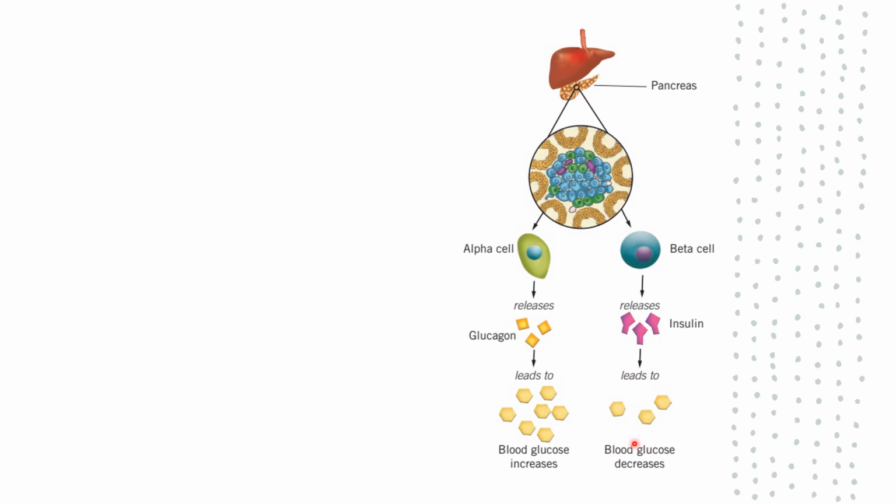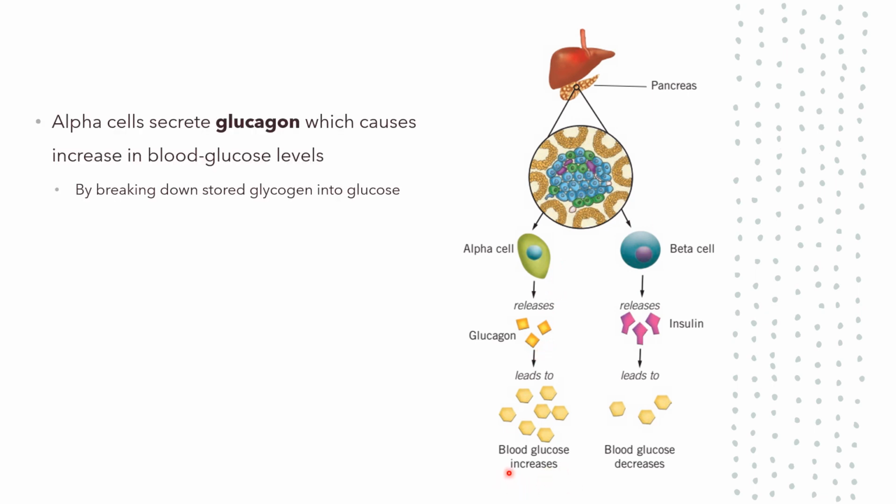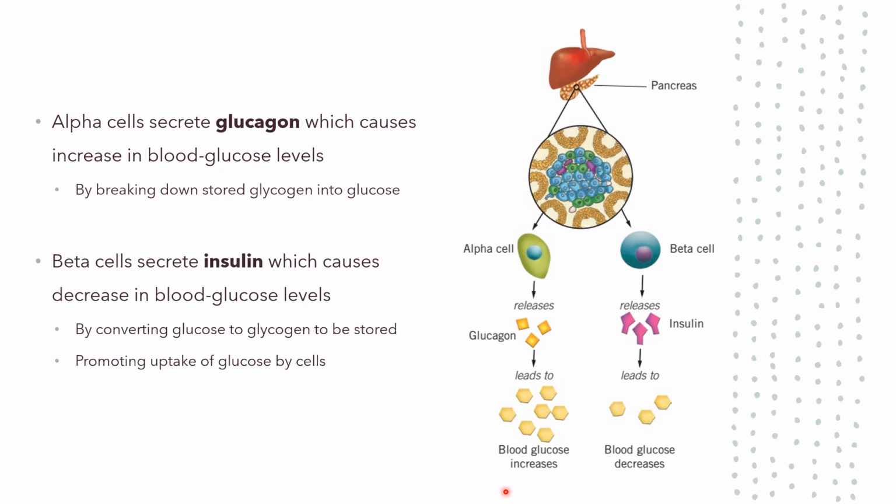So this is just another breakdown of the pancreas, the islets of Langerhans, the alpha and beta cells, what they release and what they produce. So we know that the alpha cells secrete glucagon, this hormone. This increases blood glucose levels by breaking down glycogen.